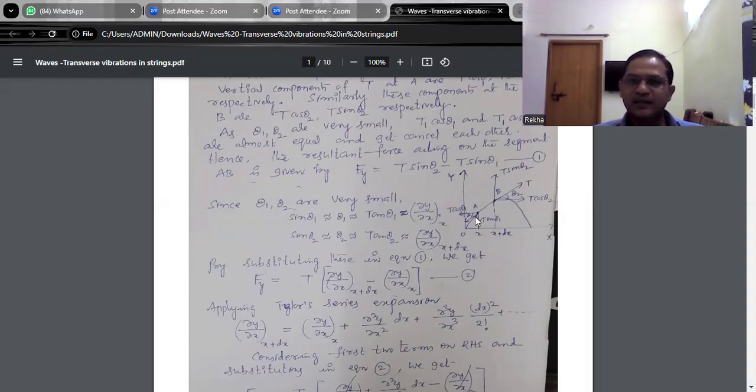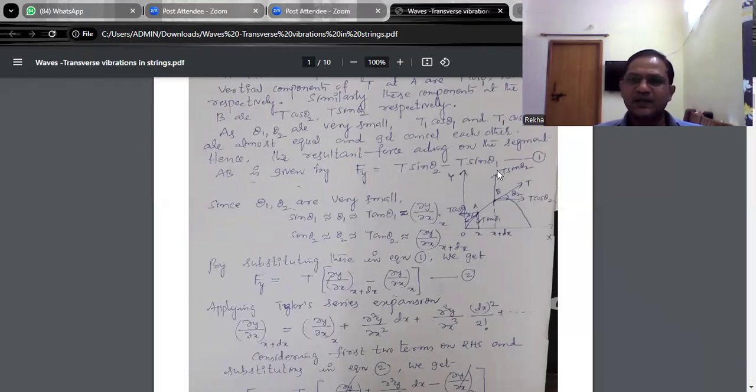But here theta 1 and theta 2 are very small, so T cos theta 1 is nearly equal to T cos theta 2. Since they act in opposite directions, they cancel each other. So only the vertical components act on the segment. At the end A, T sin theta 1 acts vertically downward. At the end B, T sin theta 2 acts vertically upward.